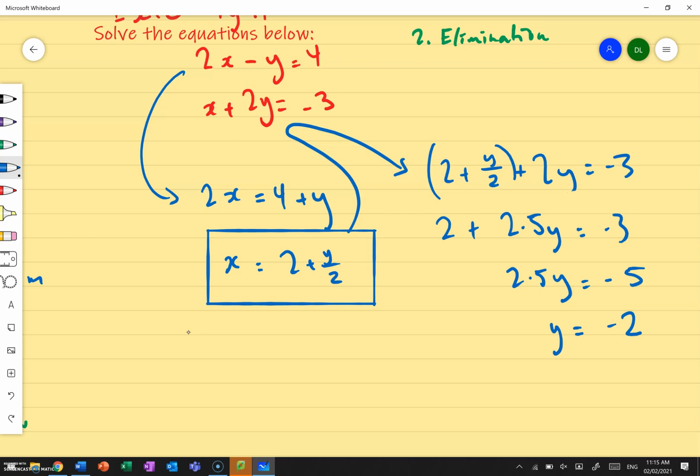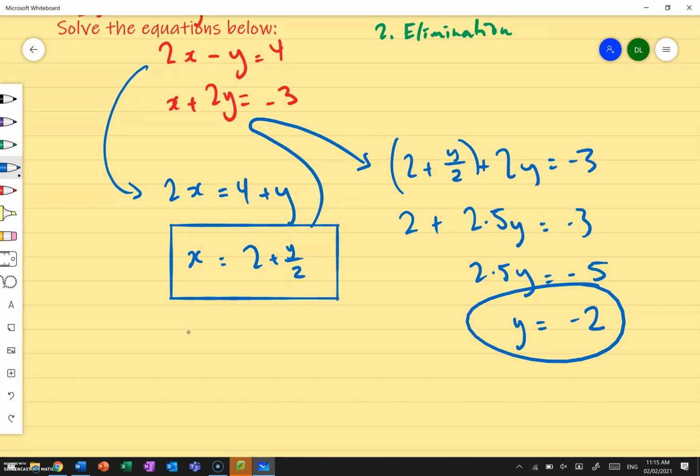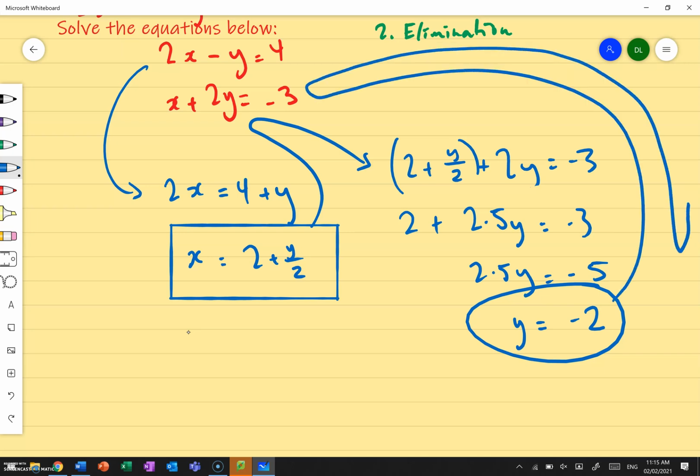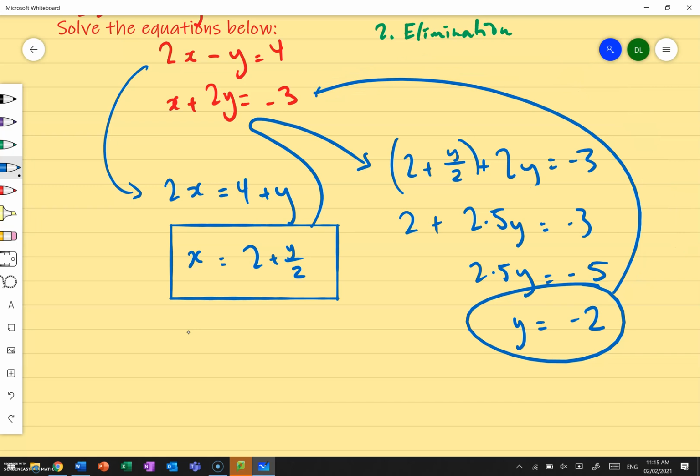Why not? Awesome. I also need to find x. So how do I find x? Easy. You guys are masters at this. I'm going to substitute this. Which equation do I substitute it into? Awesome. Doesn't matter. I'm going to substitute it into this equation. So I've got x plus 2 bracket negative 2, because y is negative 2, right?